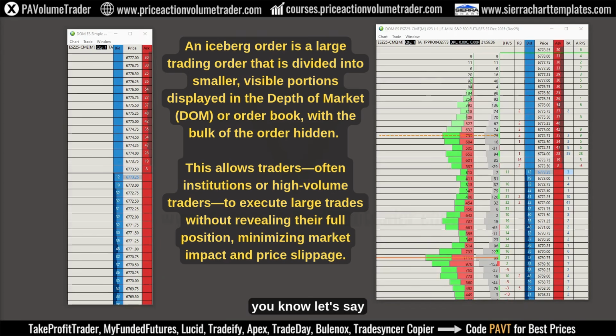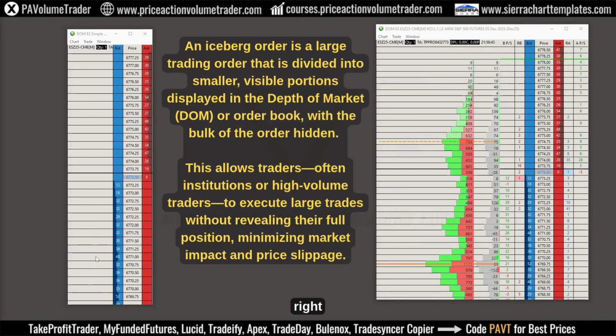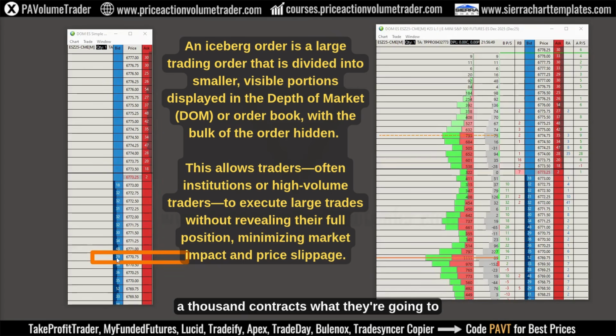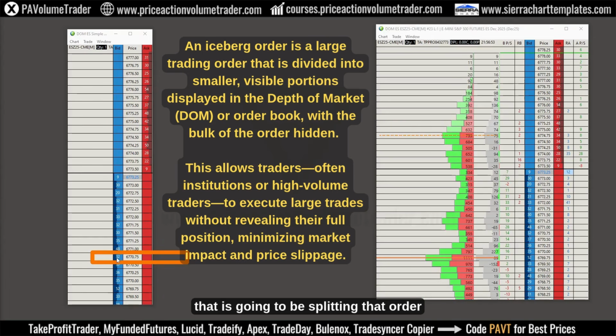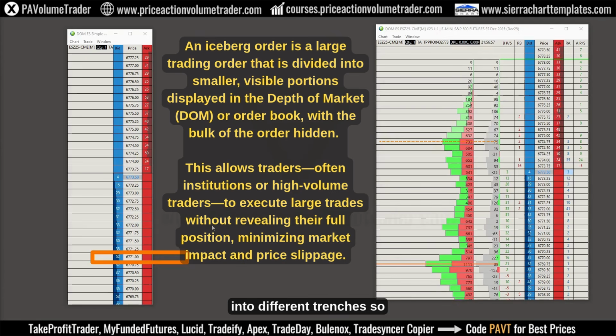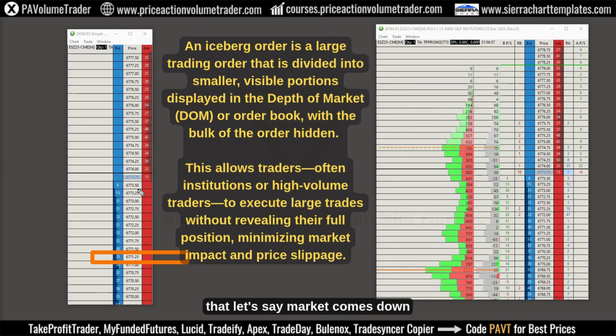So instead of placing, let's say right here, one huge order to buy 1,000 contracts, they're going to have an algorithm splitting that order into different tranches, so that, let's say the market comes down and starts filling some of those orders, then it'll pull up a little bit, and then it'll start reloading the next group of orders. It'll come back, fill those again, and as soon as price moves away, it'll refill, come retest, etc.